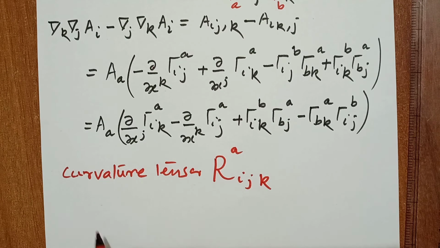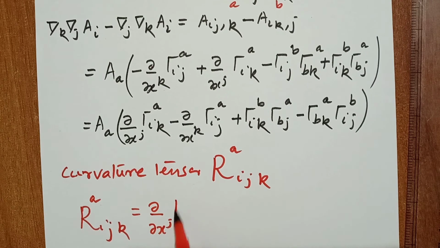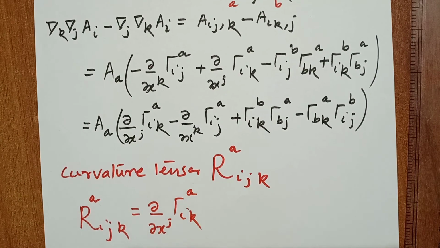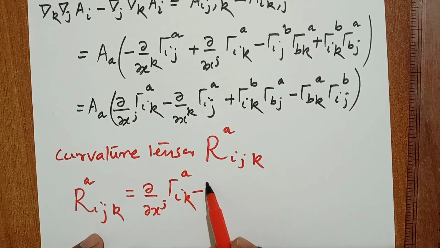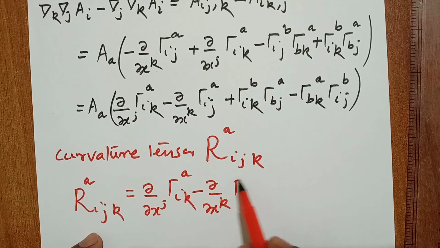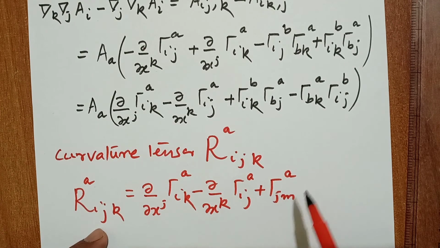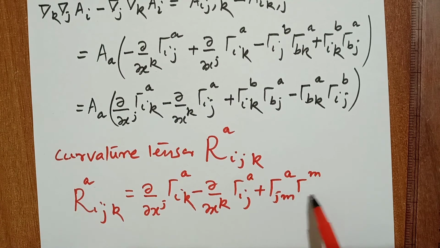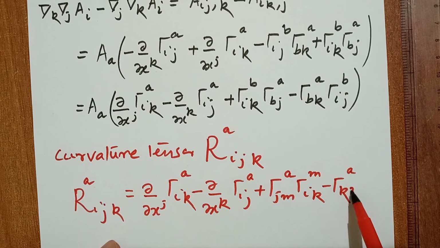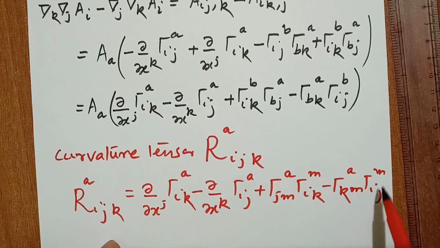The definition is: R^a_{ijk} = ∂/∂x^j Γ^a_{ik} − ∂/∂x^k Γ^a_{ij} + Γ^a_{jm} Γ^m_{ik} − Γ^a_{km} Γ^m_{ij}, where we replace the index by another index m.